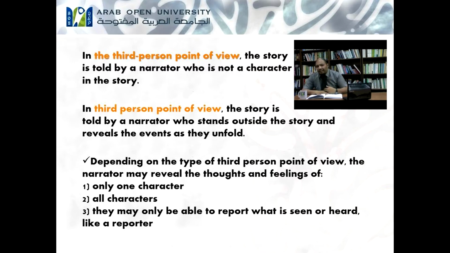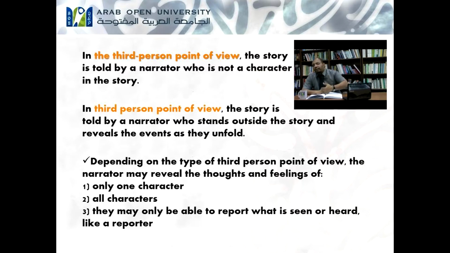The third person narrative, or point of view, normally has pronouns like he and she and they. Okay, so you don't have the I anymore. This is what we call the third person point of view. And when we talk about the third person point of view, you have somebody who is outside the narrative.